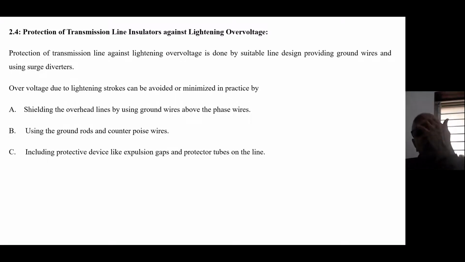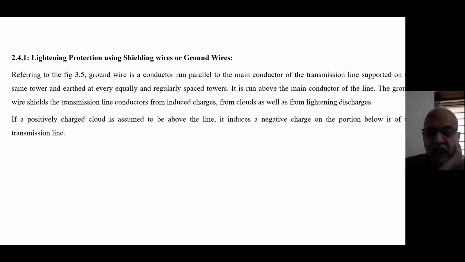So these four things will protect the line insulators against the lightning stroke. Line insulators are not very costly, so you cannot use a lightning arrester. One lightning arrester is about 5 lakhs. There are 3 phases, R, Y, B, so 15 lakhs. You cannot spend that for line insulators which are not that costly.